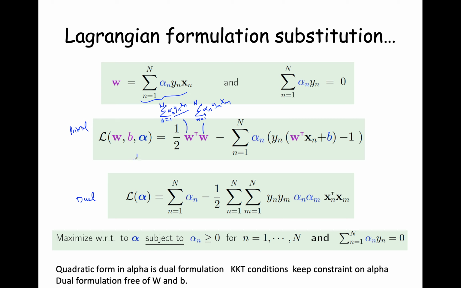It gives us 1/2 the sum for n goes from 1 to big N, another sum for m goes from 1 to big N, and then we group together alpha n, alpha m, y n, y m, x n transpose, because remember that first term was transpose, x m.